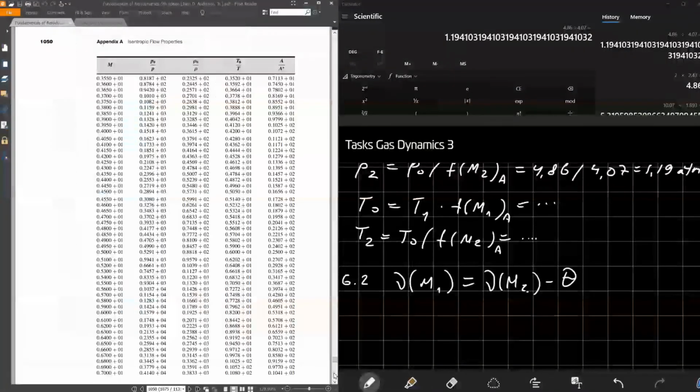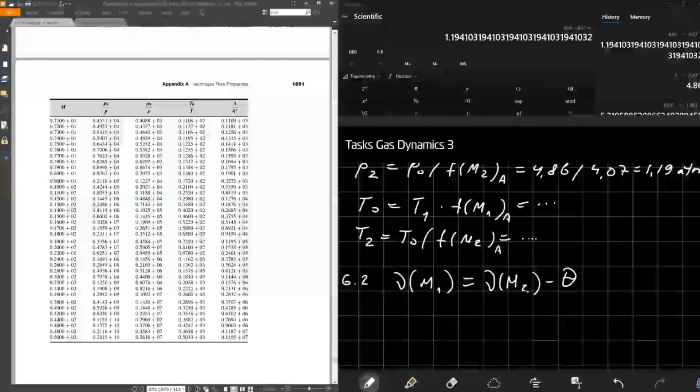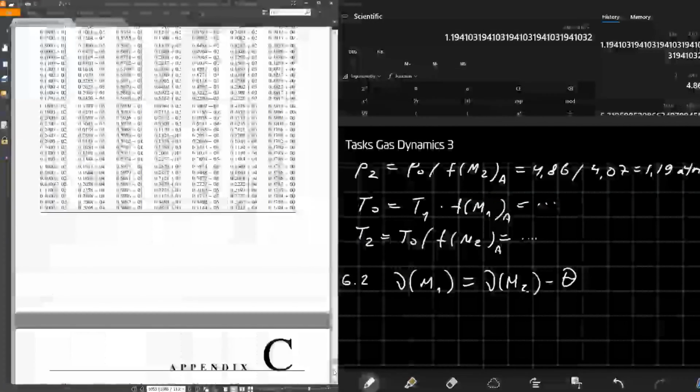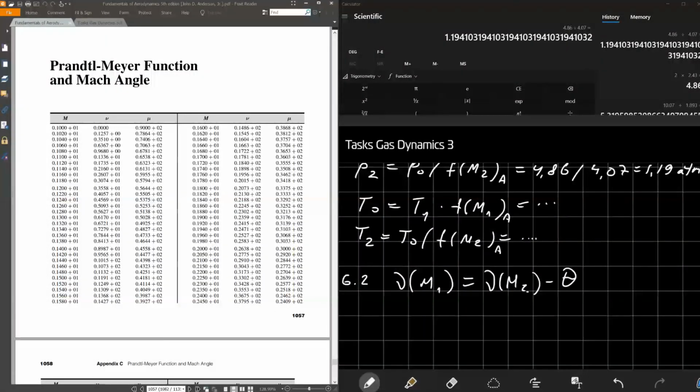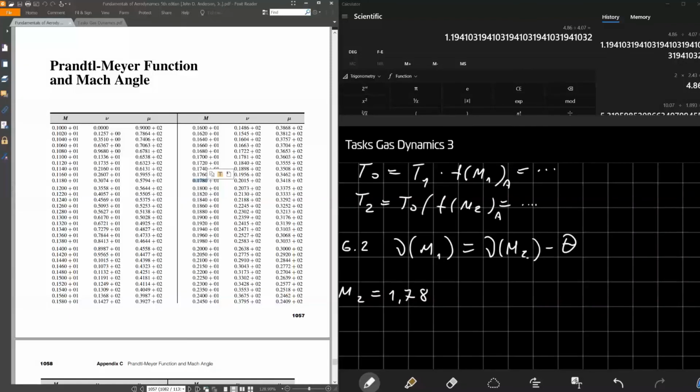Appendix C. Okay. Let's find some big value of Mach number. For example, this 1.78. Mach number 2 is 1.78. Okay. And we are interested to have theta of 10 degrees again, and we would like to know which is Mach 1 in this case before.